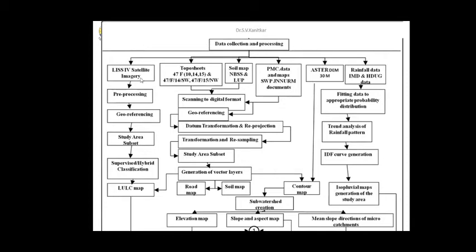You need a satellite imagery. Generally for urban stormwater drainage design, you need a very high resolution satellite imagery. For research purpose, it may not be made available or it may cost you. So it can be either free data or data which is obtained for commercial purpose.